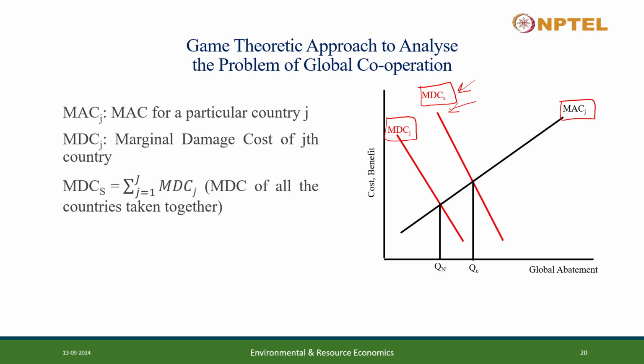If we equate this, we get two values, QC and QN. C is the case when we get cooperation. When a country cooperates with emission reduction, QC is the level of abatement. However, when a country does not cooperate with the emission reduction, QN is the level of abatement.